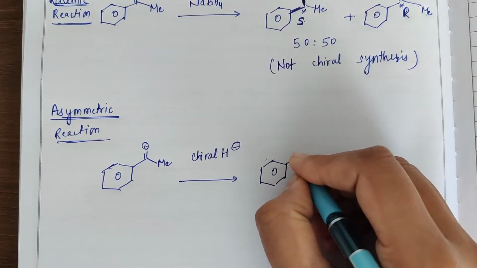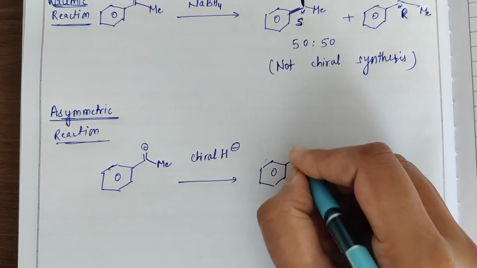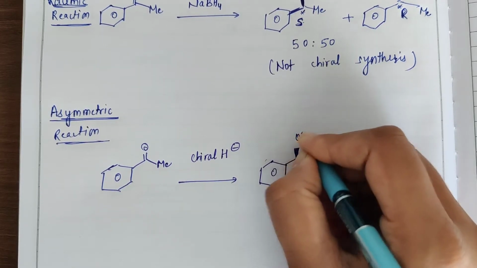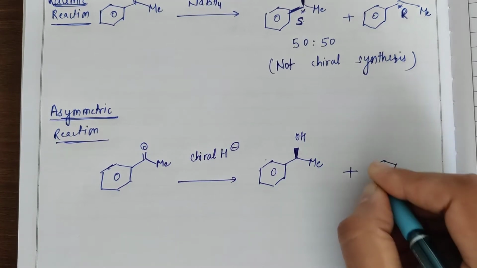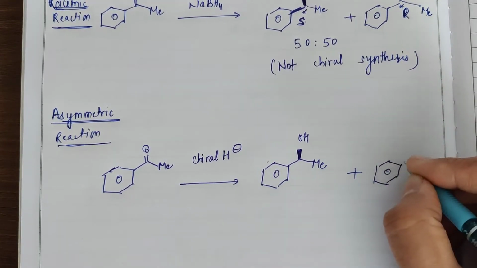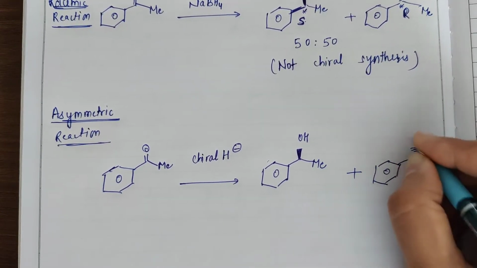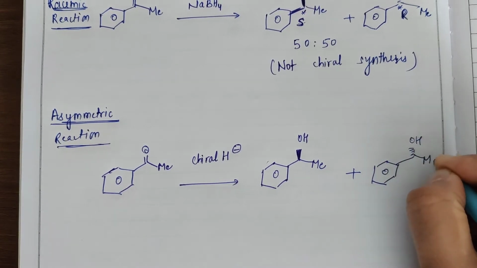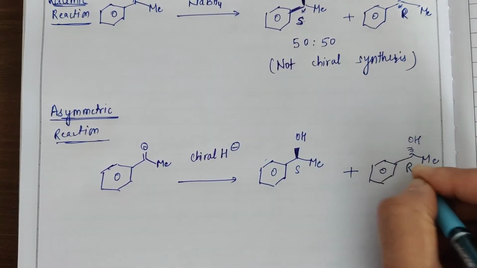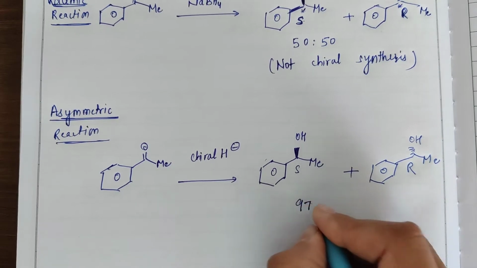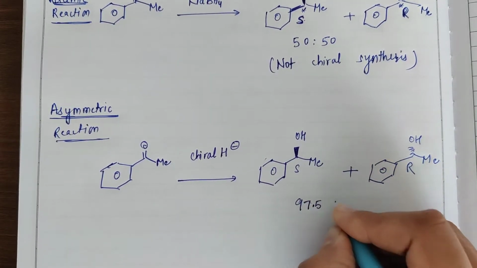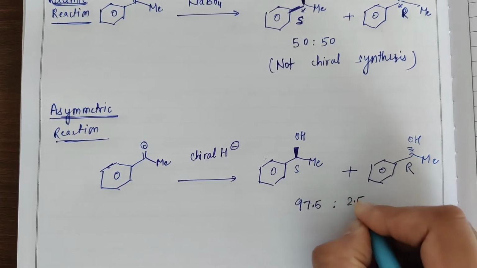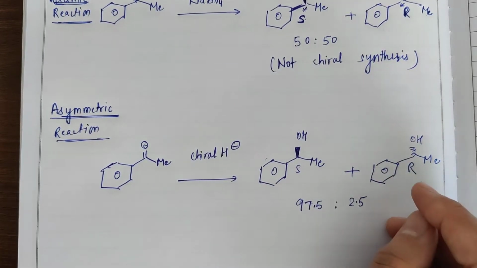A preferable enantiomer will be formed. Both the same products will be formed as we have seen in the previous reaction, but the ratio will be different. The S enantiomer will be formed in much more amount as compared to the R one.